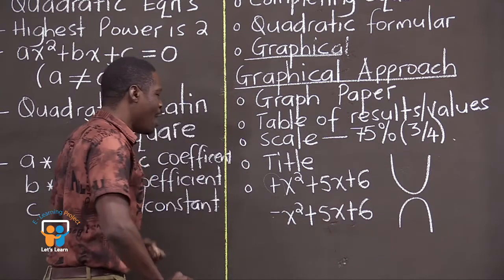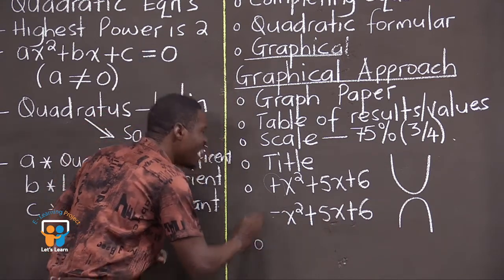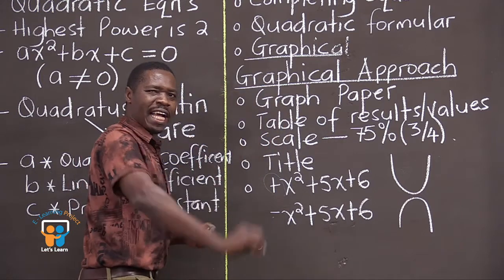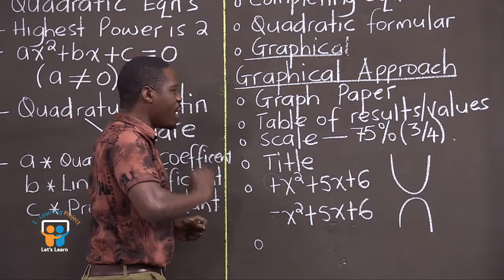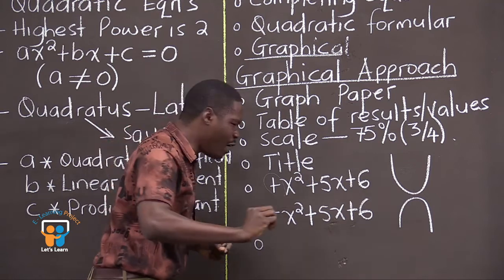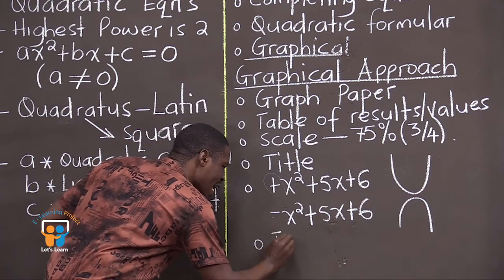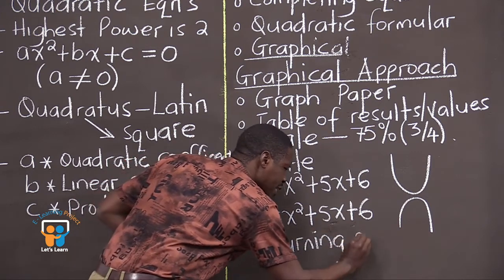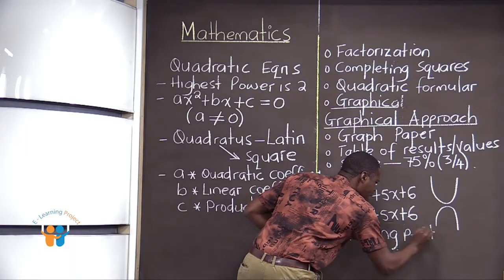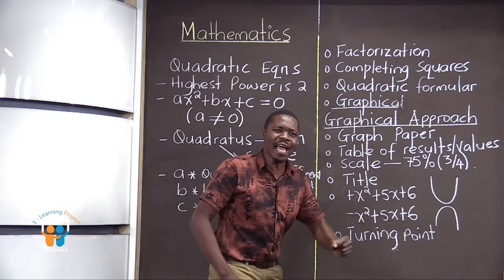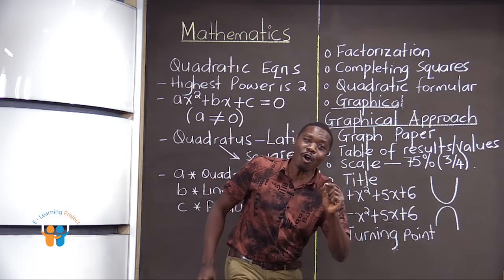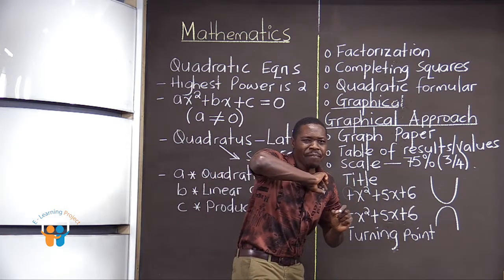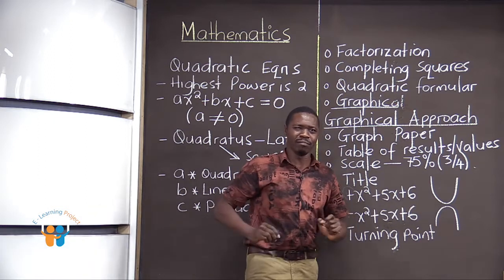Mr. Examiner, sir, we also need to know that in the graphical approach, we can construct a graph. We can draw a quadratic graph. But we must know that a graph must have what we call a turning point. A turning point on a graph is that point where a curve negotiates the corner. It must be a smooth negotiation.